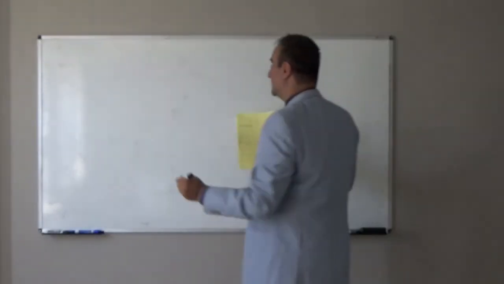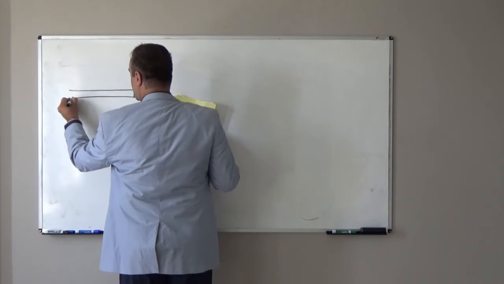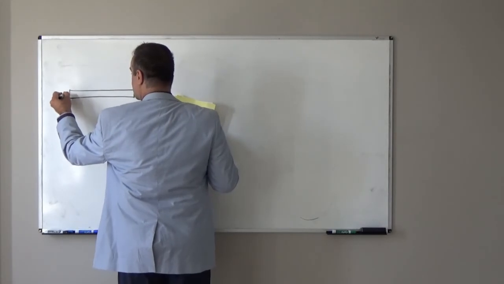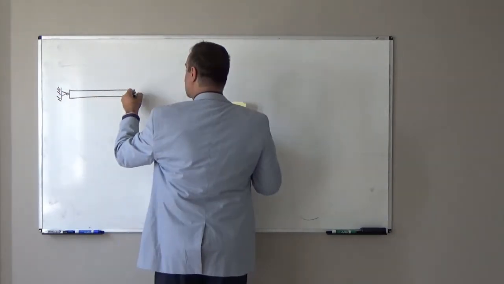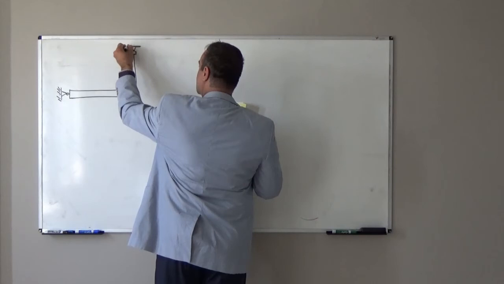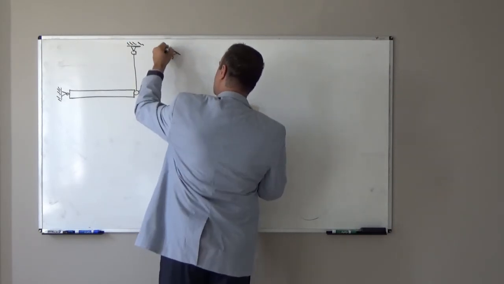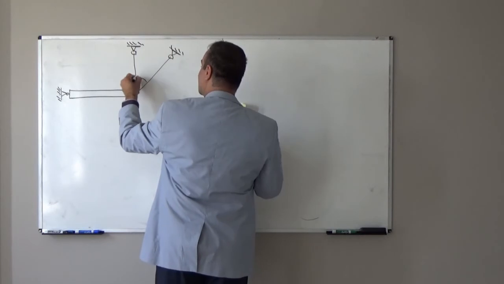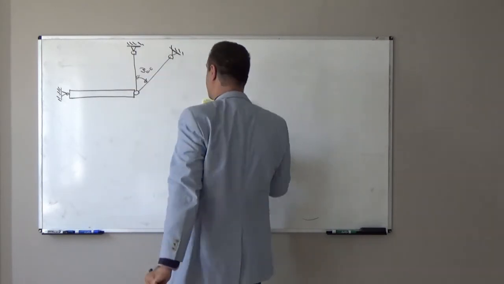We have a rigid beam. Rigid beam here, we attach to one support, a hinge support. Here at this point we attach two cables, one at this point, another at this point. This angle is 30 degrees.